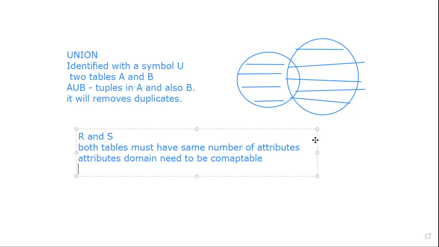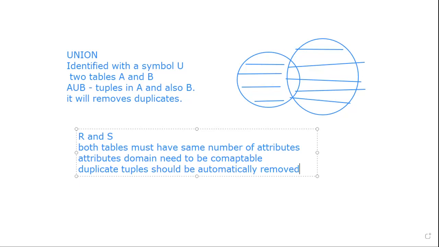The third condition is that duplicate tuples should be automatically removed. So these are the three properties that you have to remember about the union.